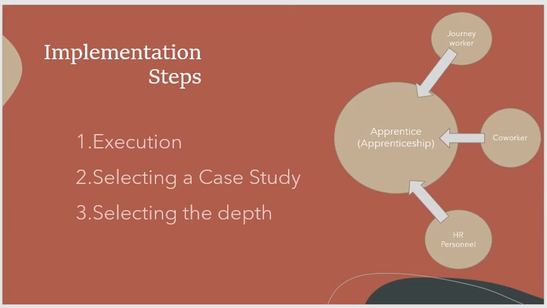So looking specifically at the apprenticeship program here, I have the apprentice at hand. On the periphery, you'll see the journey worker, the coworker, and then HR personnel. Other people that I can interview are the Department of Labor, the ATRs, the Apprenticeship Training Representatives.